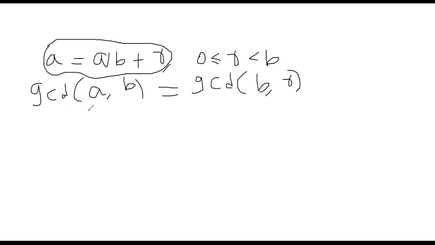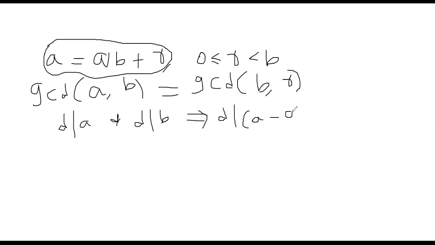So what do we know when we say GCD of A comma B? We know there exists a number D which divides both A and B. That means D divides A and D divides B. There is another interesting theorem that tells us that if you have a number D that divides A and divides B, then D must divide A minus QB. This is a number theory proposition that I'm using without proving it.